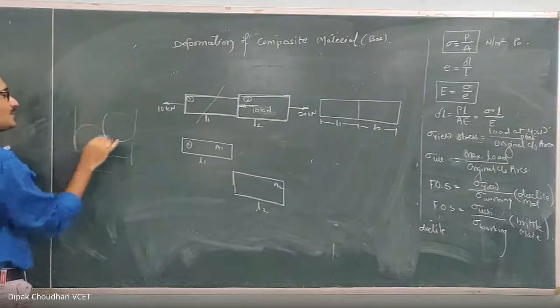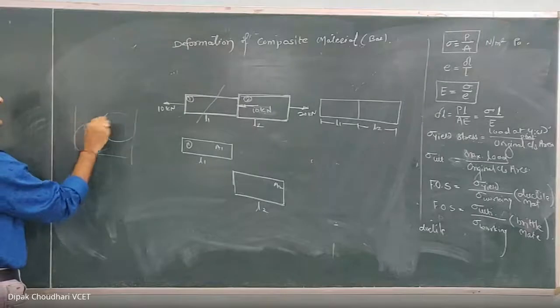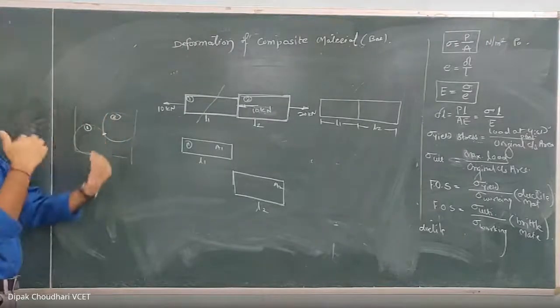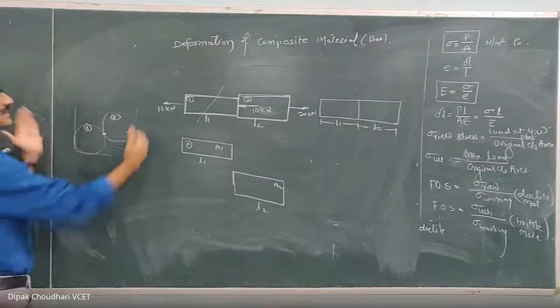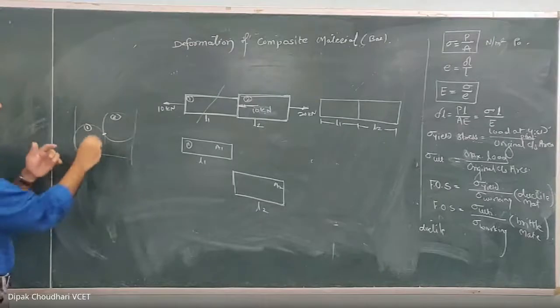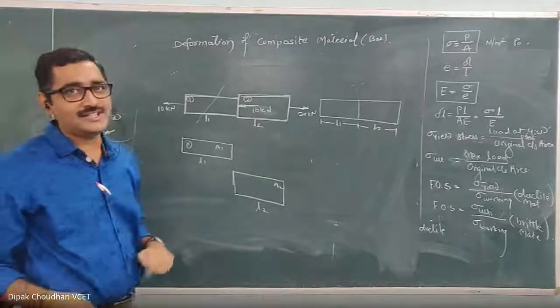Now suppose if these two circular bodies are in contact with each other, at this point of contact these two bodies are exerting reactive forces on each other, and these reactive forces are equal, opposite and collinear. So if I consider both the bodies together, or if I consider the entire body, these forces which are equal and opposite cancel the effects of each other and you won't get that.